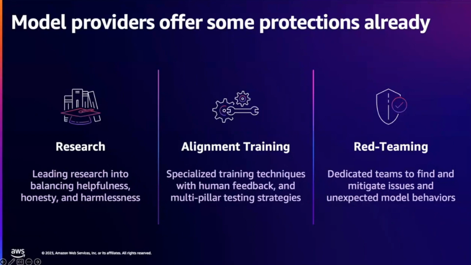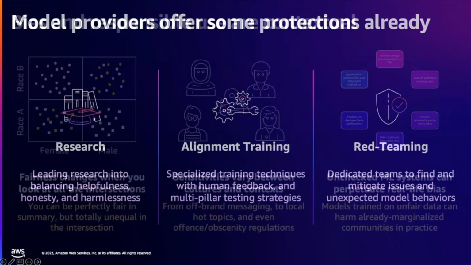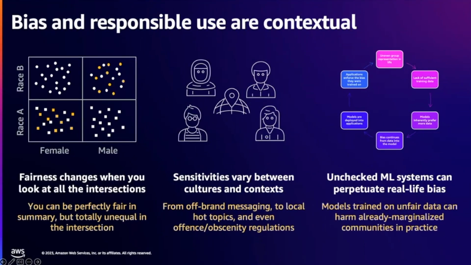But on top of that, it's really important to understand that when it comes to fairness and sensitivities, this goes beyond what can be implemented out of the box. Because sometimes it's so hard to build generative AI responsibly, and it begins with the fact that models are broad and open-ended.